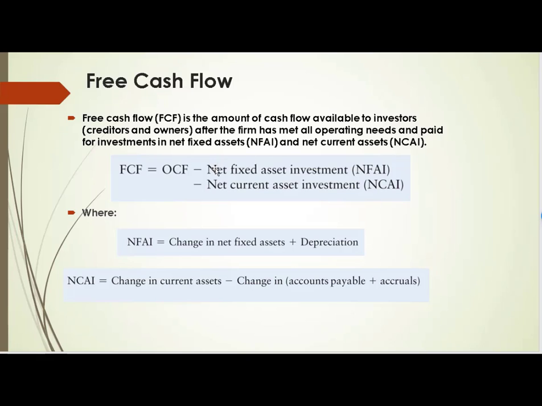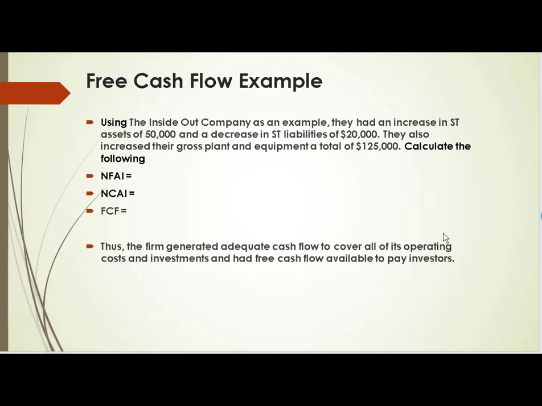Notice it says net, so that could be plus or minus. Net current asset management, right? So that's net change in current assets minus the net change in current liabilities, right? So that could be positive or negative. So these numbers in the end basically give us a picture of how much money is left for the investors.